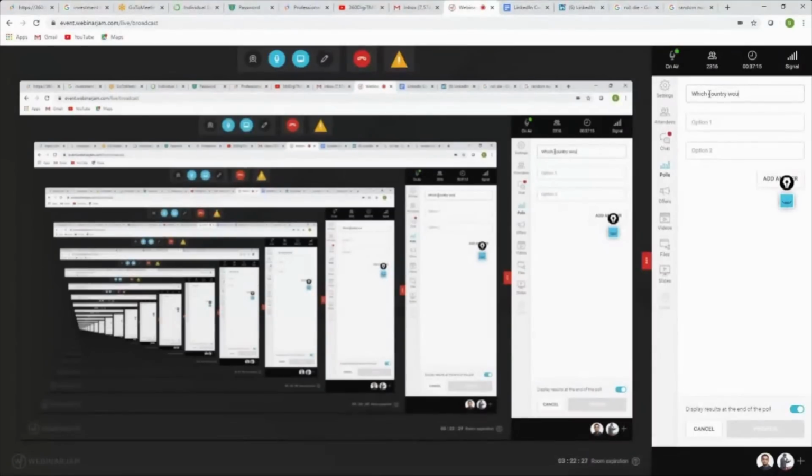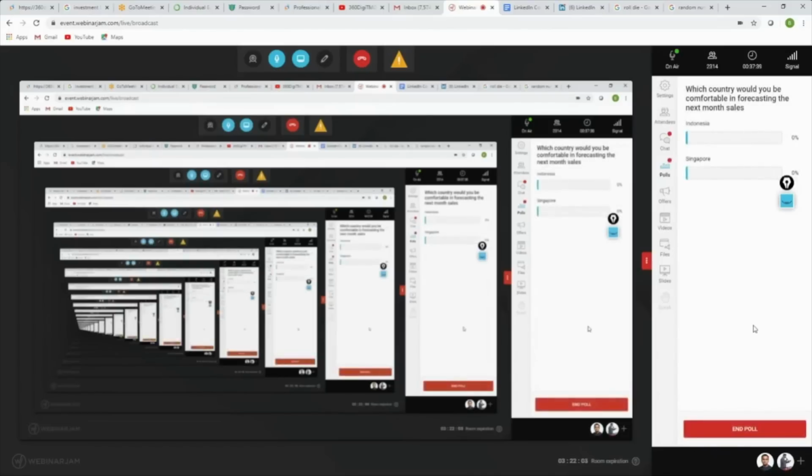Which country would you be comfortable in forecasting the next month sales? Let me correct the spellings here. Indonesia or Singapore? Here we go. Please answer to this. Please, can you all answer?